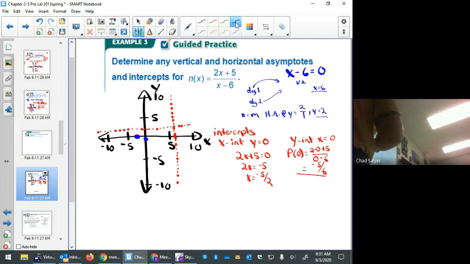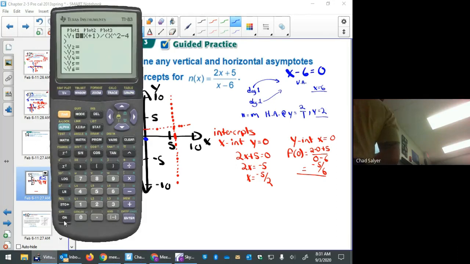Now let's use our calculator to finish our graph. 2x plus 5. And you might say, well, why didn't you just do that in the first place and dispense with all this? Well, the graph wouldn't have been as accurate without this additional work.